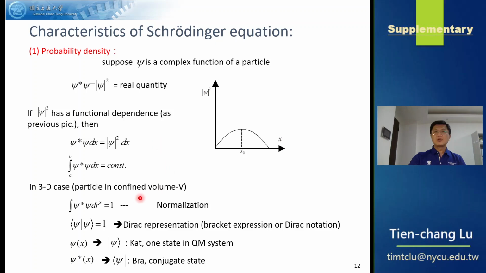So we can normalize the wave function probability over space to 1. This means that the probability of finding the electron is 100%, because there's only 1 electron.